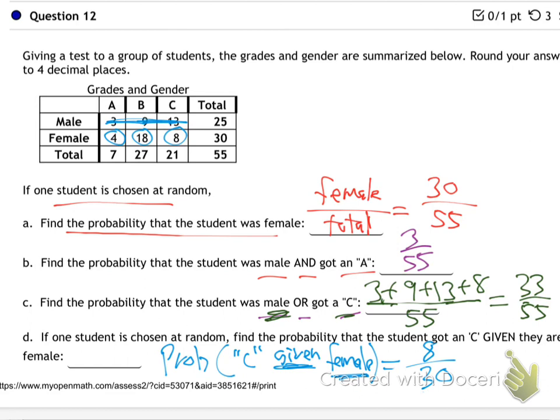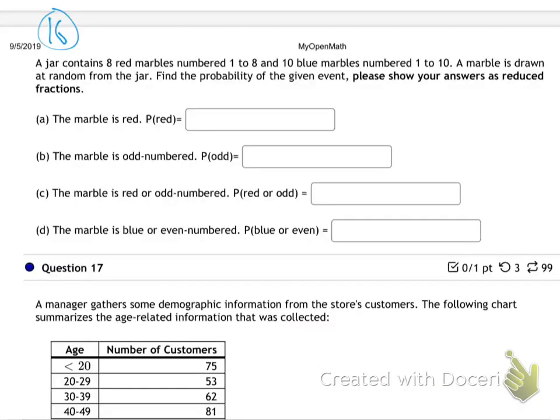Let's check one more out with our last 2 minutes here. So a jar contains 8 red marbles. So there's red that are 1 through 8, and there's blue that are 1 through 10. And you're going to pull out a marble at random. What's the probability it's a red marble?